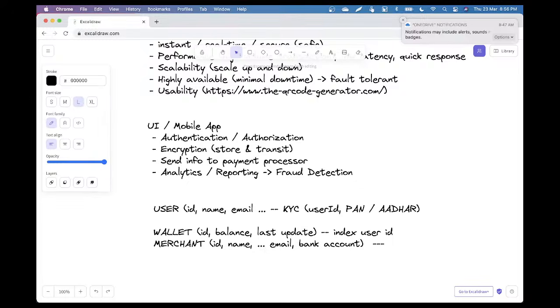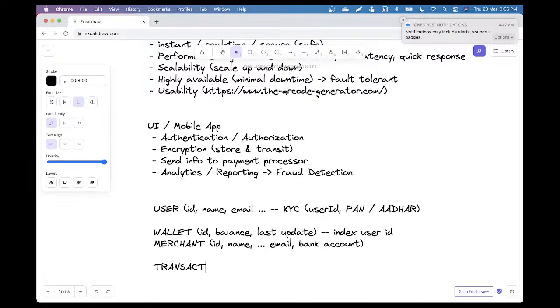So I'm just keeping bank account as a single bank account, but yes, you may have a bank account table also, if you want to provide the facility of configuring multiple bank accounts for a merchant, but a merchant will always have one primary bank account which will be used for settlements. All the money which will be paid to the merchant after deduction of commission by the payment processor will be credited to the merchant bank account.